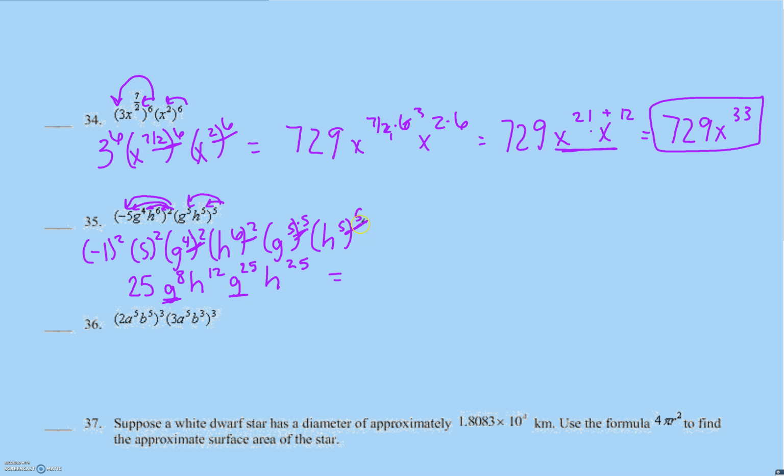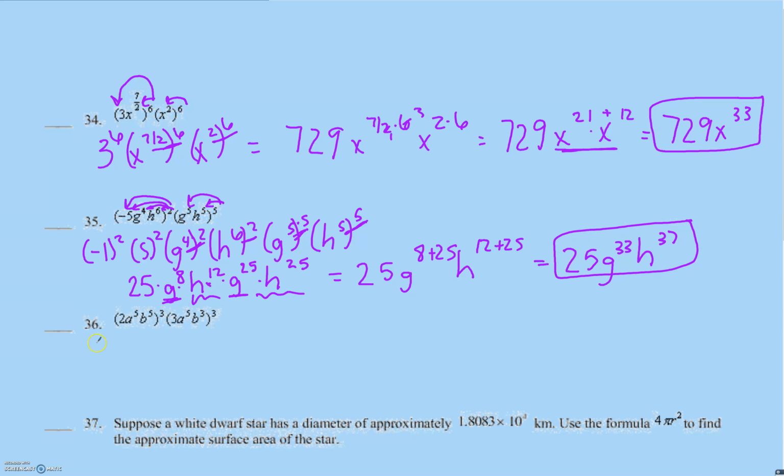So I'm going to add my exponents here, keep my 25, g to the 8 plus 25, h times h. We're multiplying everything here. Okay, 12 plus 25. 25 g to the 33rd power, h to the 37th power.